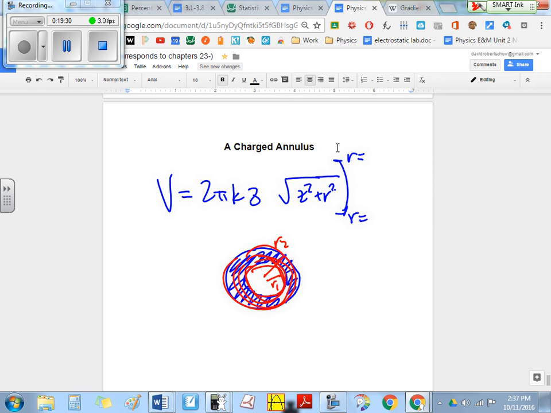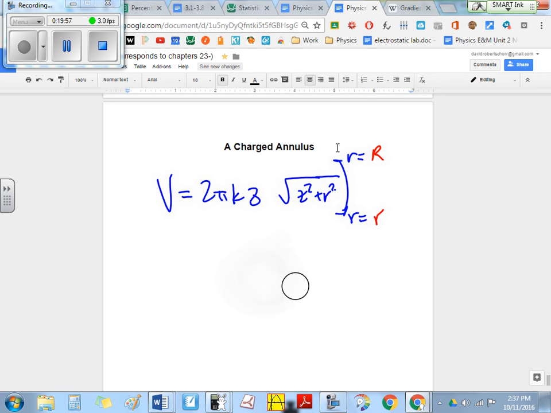So you're just going from R1 to R2. So you're not going all the way from 0 out because you're not going to fill in the middle. Or you could go from like A to B if you want to call it A and B. Those are like the inner and outer radius. Or, it's kind of weird, but remember in calc we called them little r and big R when we did the washer method.